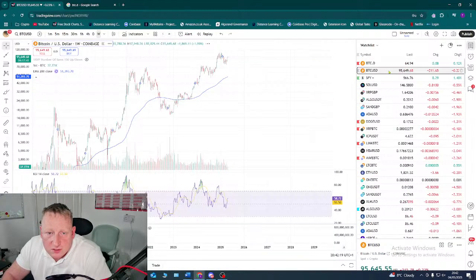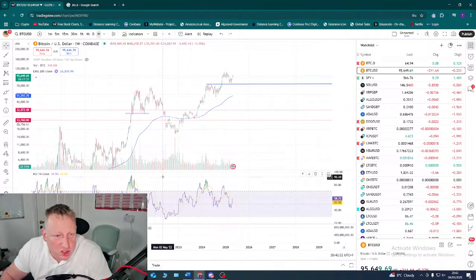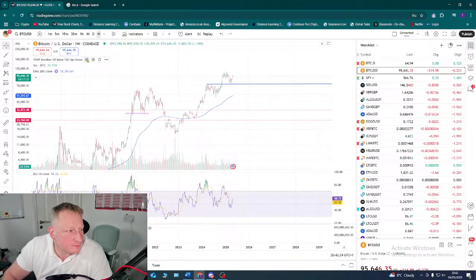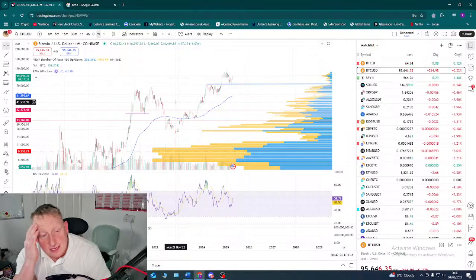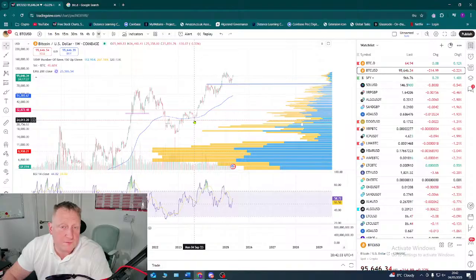So let's go back to this one. Now, what else is there to show you? The VPVR. Now, this is a paid TradingView feature. What I'm using here is a free subscription, but you can only have a limited amount of tools on the screen at once, and some tools you can't gain access to unless you pay the subscription.